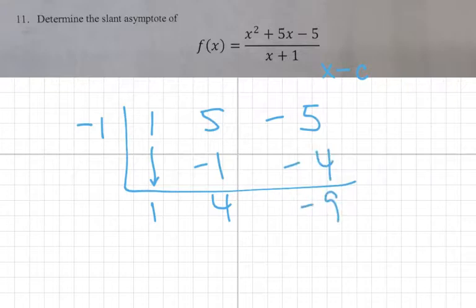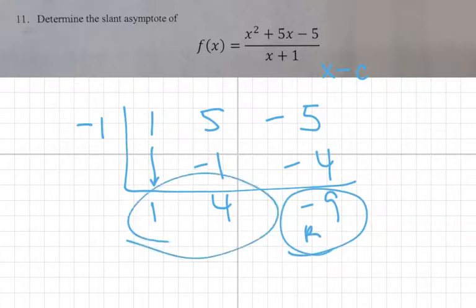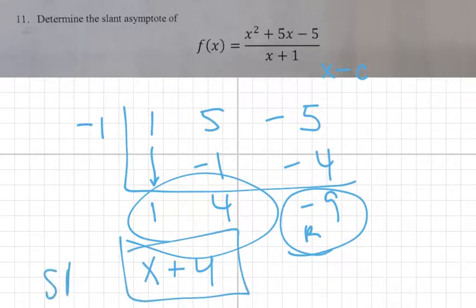Okay, so remember, this is your remainder right here. So what we are focusing on is this quotient, and this quotient represents x plus 4. So this is my slant asymptote, y equals x plus 4. So that means that this rational function will have a slant asymptote that it gets really close to and follows in end behavior, that is that linear equation.